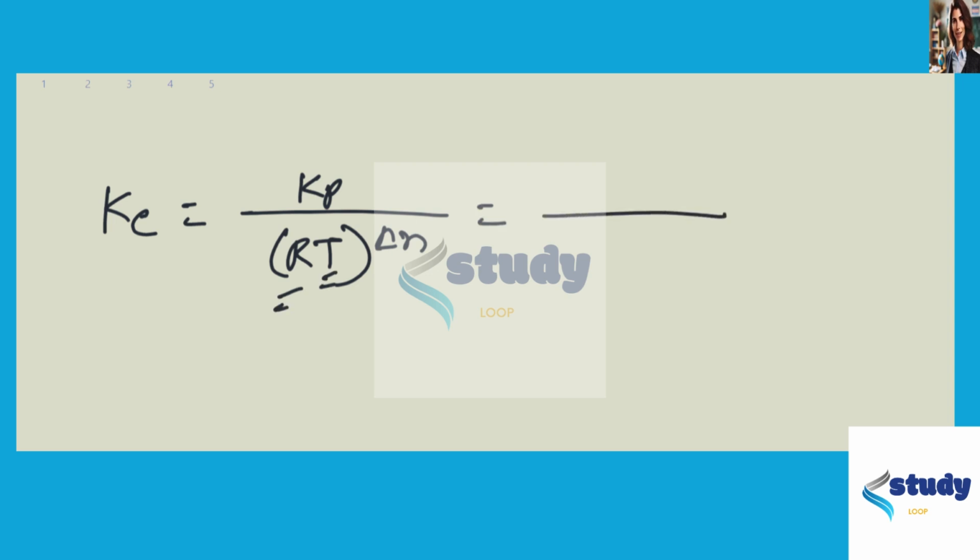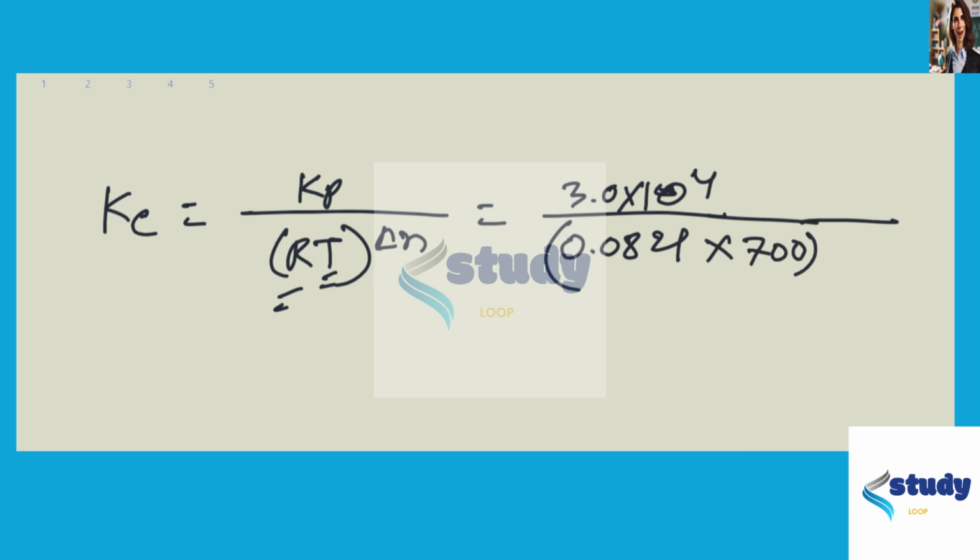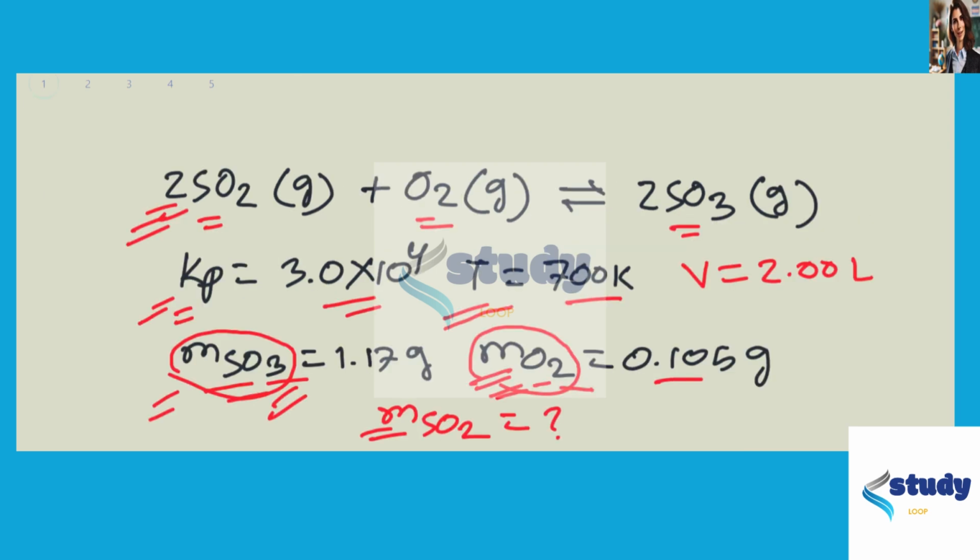So the Kp value is given as 3 times 10 to the power 4, and then the value of R is 0.0821, and the value of T is 700 Kelvin, and the value of del N is the number of molecules of products minus the number of molecules of reactants.